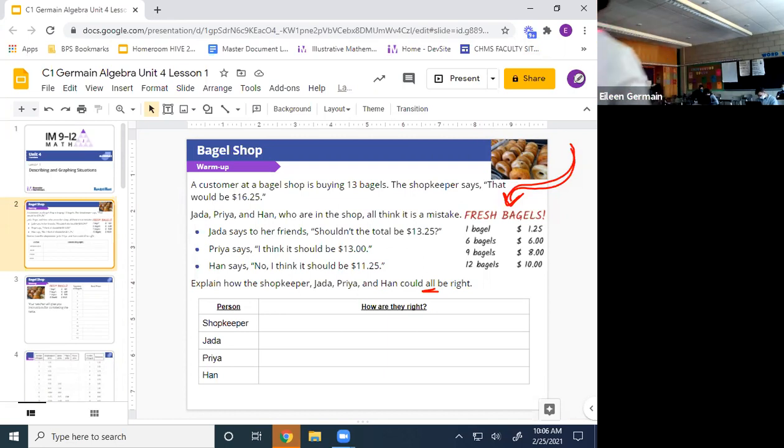Looking at this table of prices for things, tell me, how is the shopkeeper right? How is Jada right? How is Priya right? And how is Han right? You're taking 2 minutes right now to identify what combination of prices would get each one of these friends to be right. Then if you finish early, I don't want you to move on to the table. Just stay here for 2 minutes to work on this.